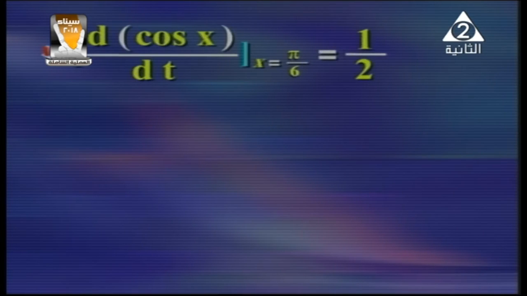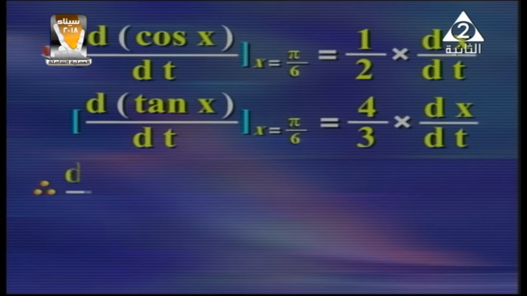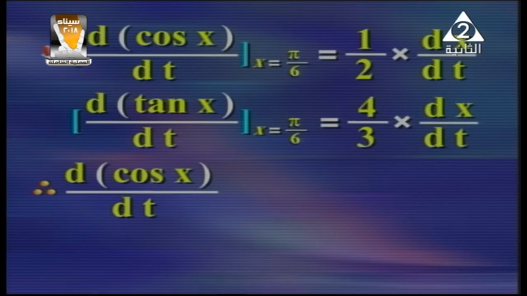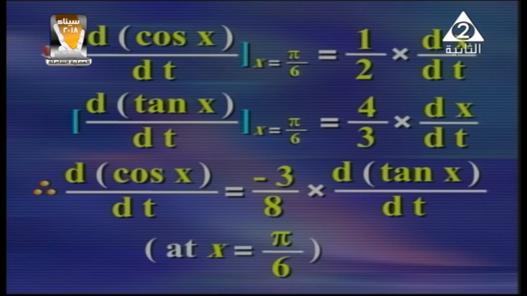d cosine x/dt when x equals pi/6 equals negative half times dx/dt. When x equals pi/6, also d tan x/dt equals 4/3 dx/dt. Then d cosine x/dt equals negative 3/8 times d tan x/dt. This is the relation between the derivative of cosine and the derivative of tan at x equals pi/6.